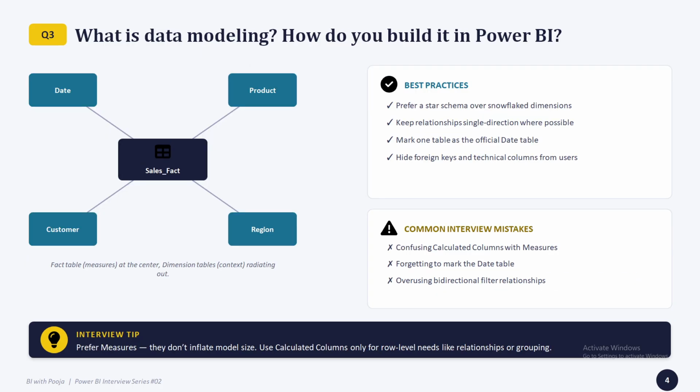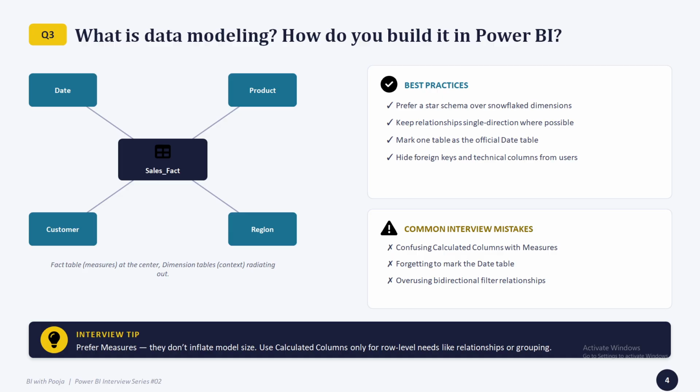Question number 3 is, what is data modeling and how do you build the data model in Power BI? The answer is, data modeling is the process of connecting different tables in Power BI so they can work together. For example, suppose I have four tables like this. Sales table is my fact table.